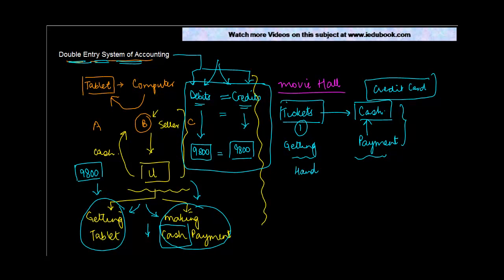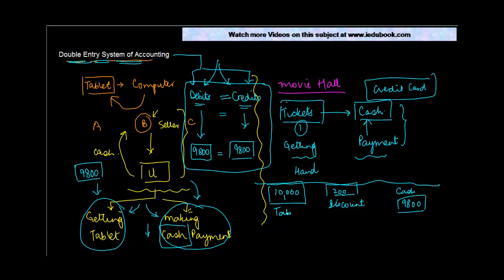If in a situation there are more than two accounts, let's say for example, this tablet was priced at rupees 10,000, and you get a discount of 200, and you pay cash rupees 9,800. Now in this case, instead of two, there are three accounts involved.